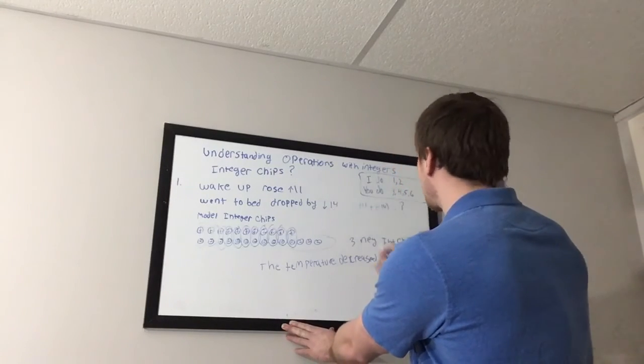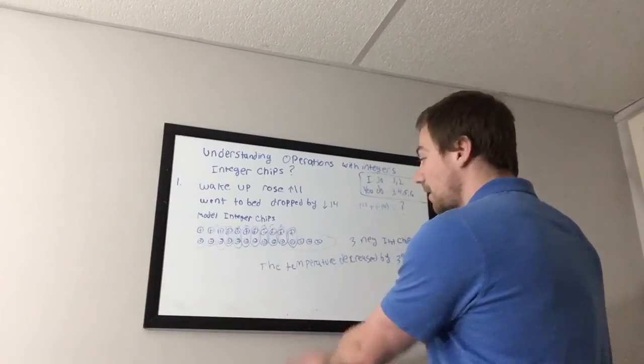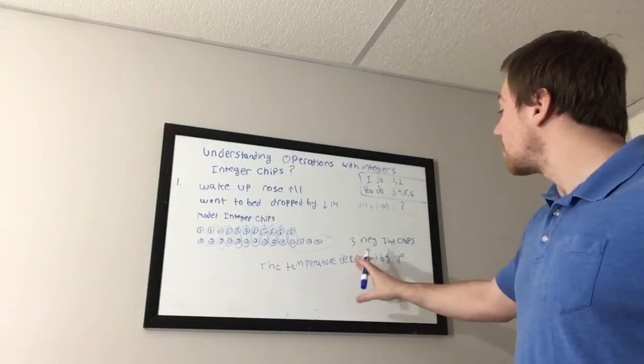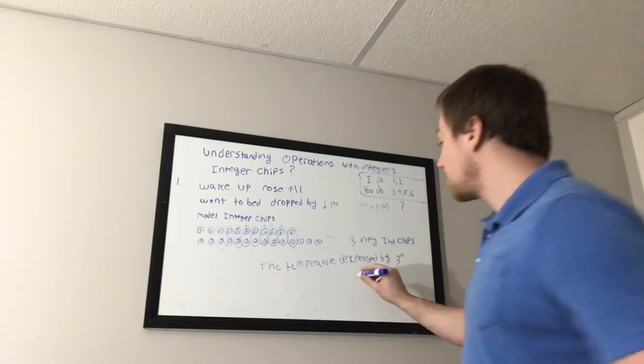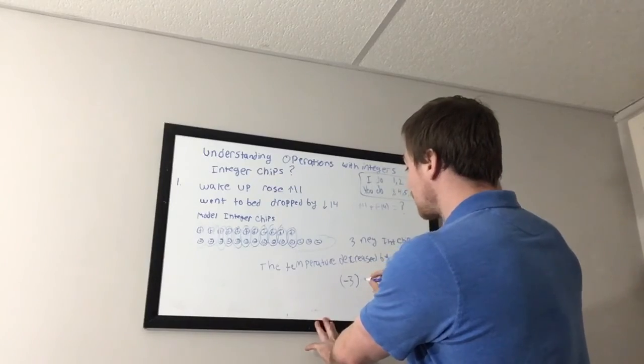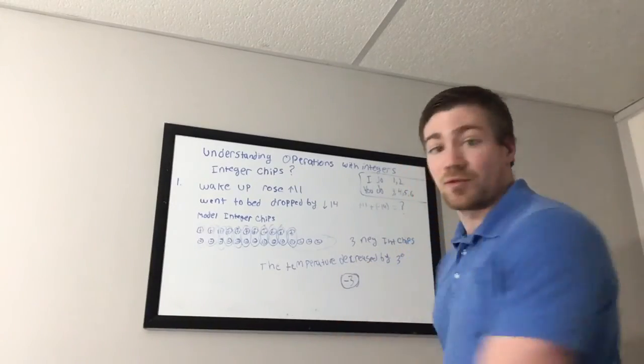We're talking about temperature, so it's degrees. So you can write it as 3 degrees. You can say it decreased by 3 degrees, or you can say -3 and then put parentheses around it, or circle it, whichever you prefer.